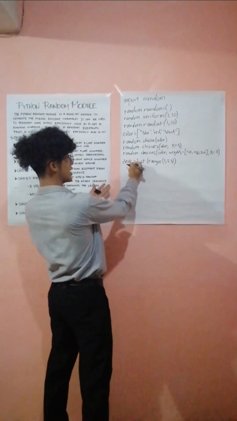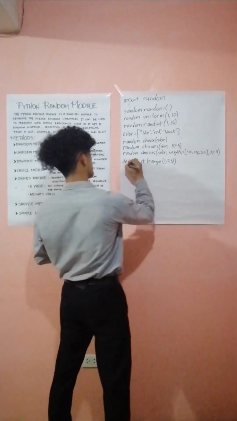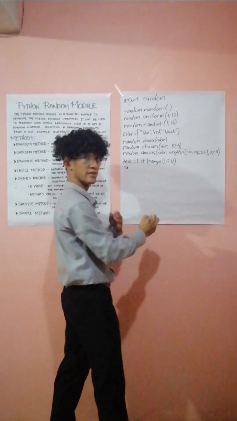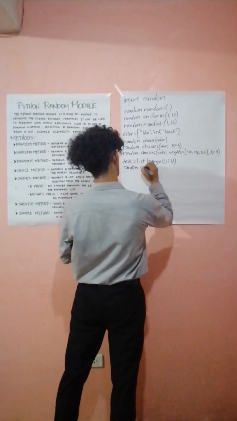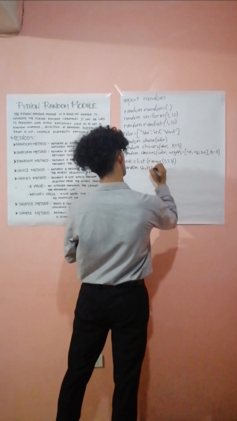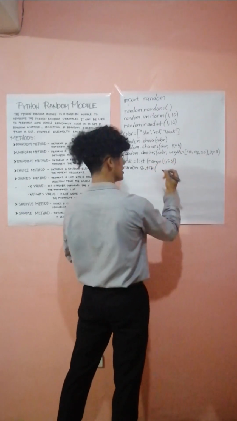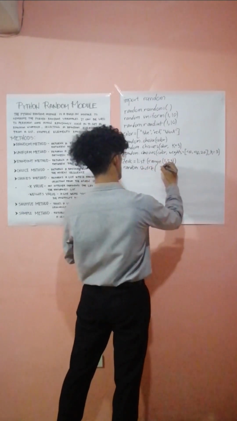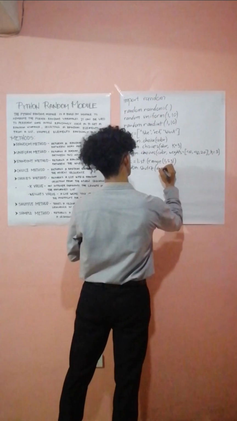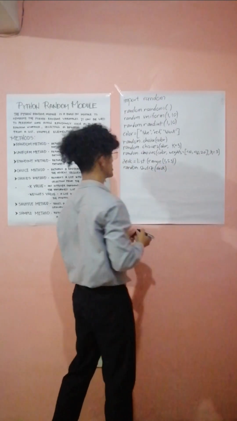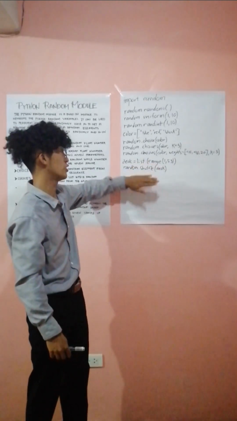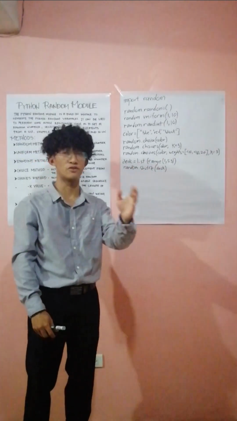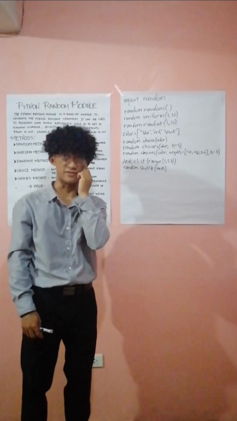And how do you declare the shuffle method? random.shuffle, and then the name of our variable, which is deck. Because if we print the deck without shuffling, it will show 1, 2, 3, 4 all the way to 52.